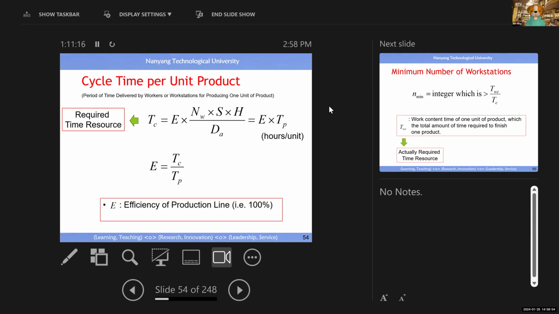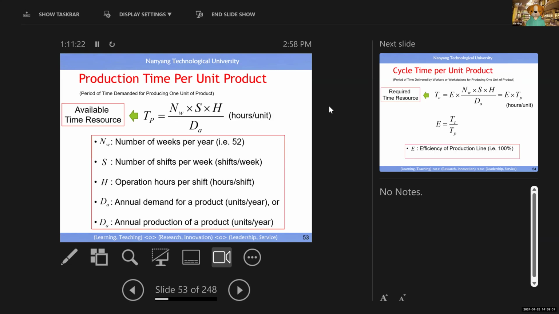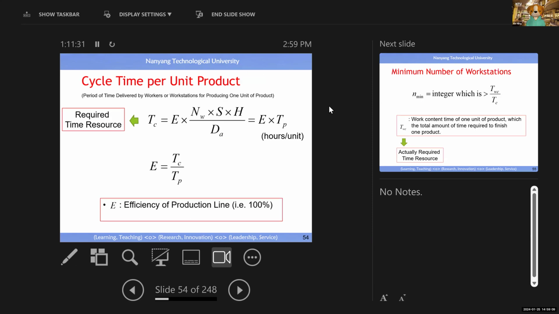So this is why they come up with this terminology. This one is more or less a production plan, normally dictated by the sales department. This one is dictated by the factory, the cycle time per unit product, right? So dictated by the factory.